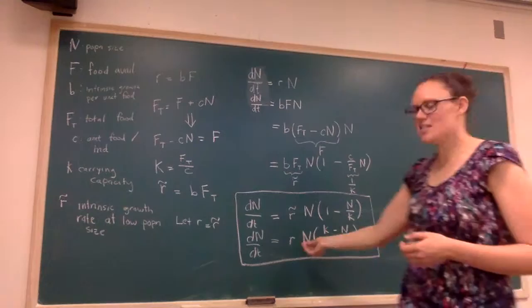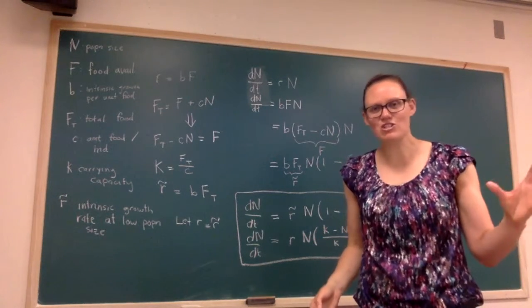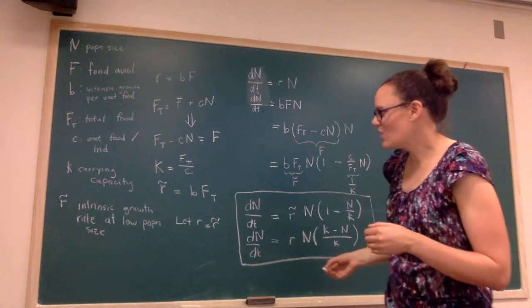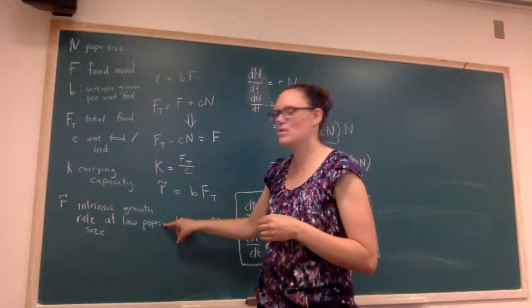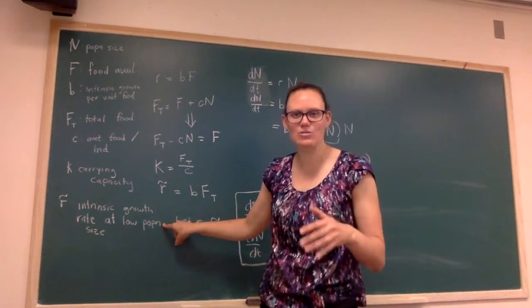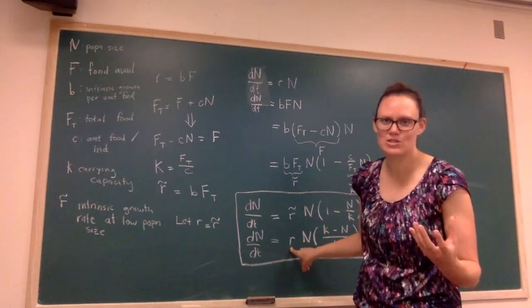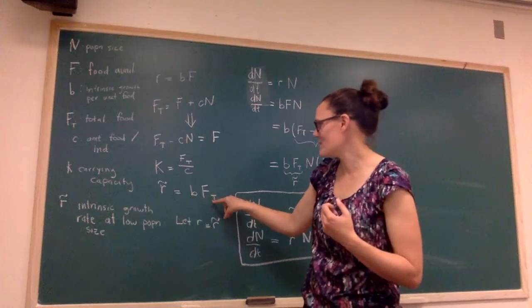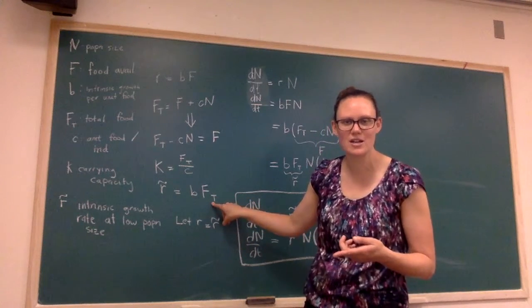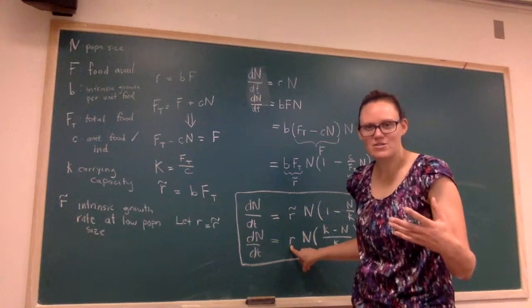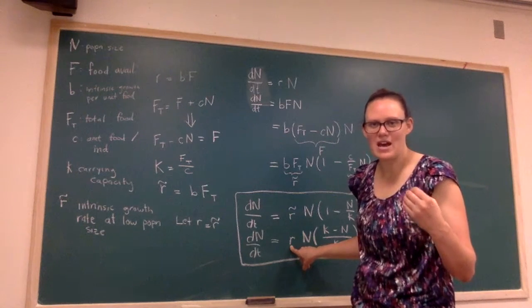For the logistic growth equation, the intrinsic growth rate changes with density. And so the intrinsic growth rate is really the intrinsic growth rate at low density. This R is the intrinsic growth rate when all the resources are available. You have the total amount of resources to exploit. So R in this equation is the intrinsic growth rate at low density.